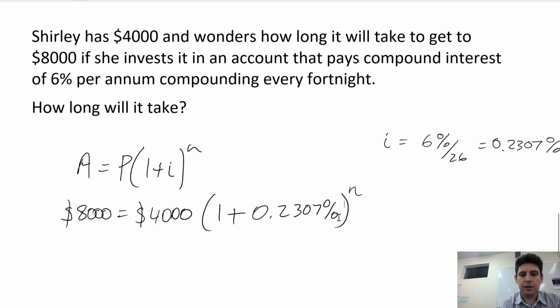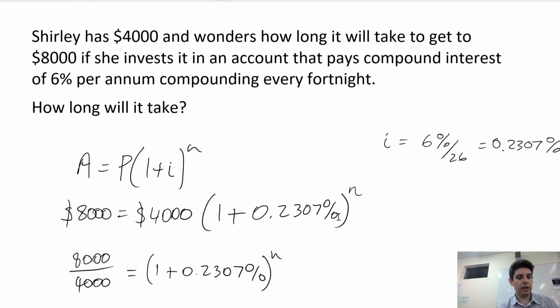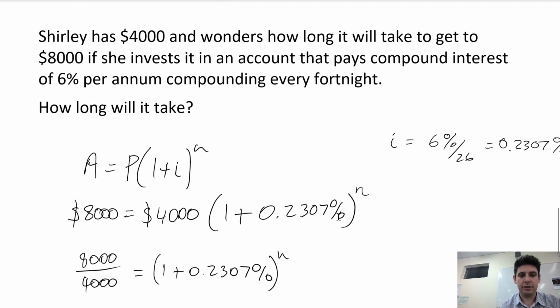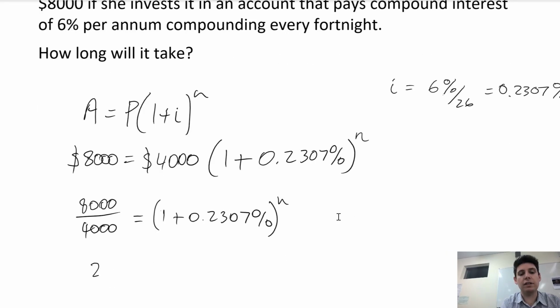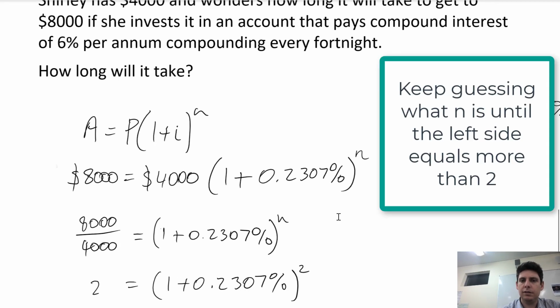So the first step, we're going to divide both sides by 4,000, so you end up with that. Now this is where we have to guess. 8,000 divided by 4,000 is 2. So we're trying to put in n values. So if we keep putting numbers in, like we can guess, it's 2.